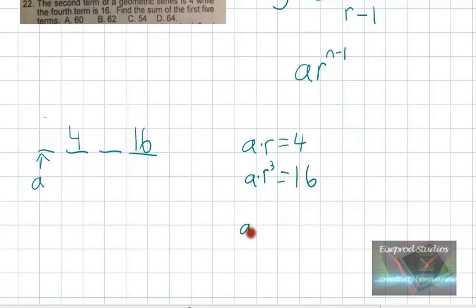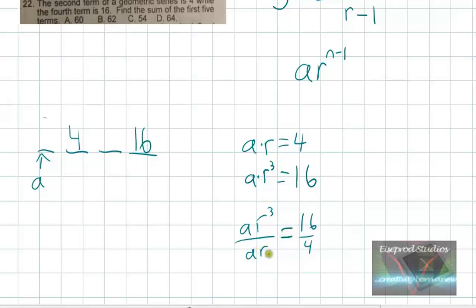If ar cubed is equal to 16 and ar is equal to 4, we can set up this ratio here. If I can get all these little lines to go.